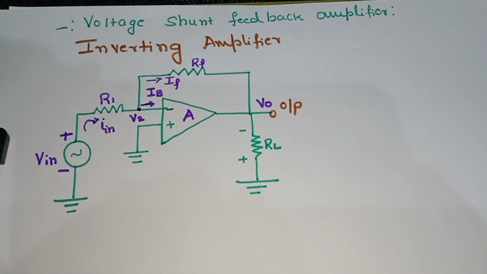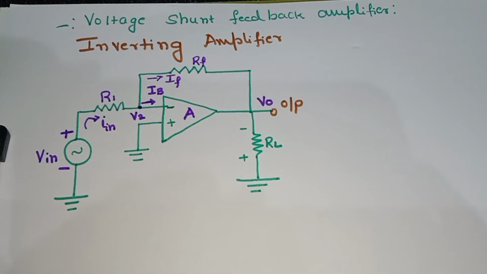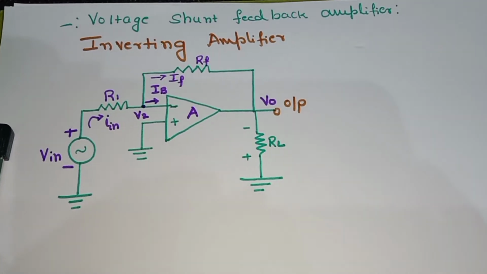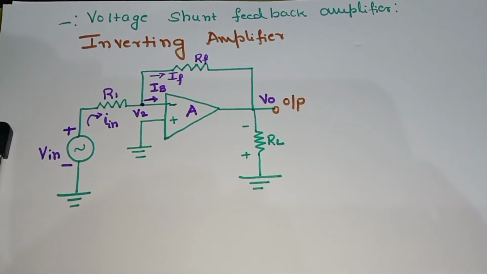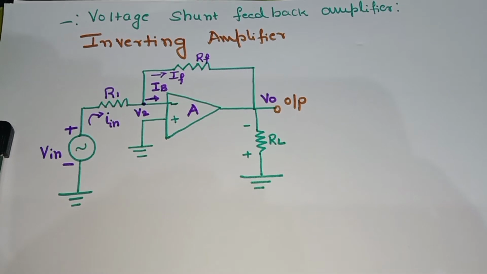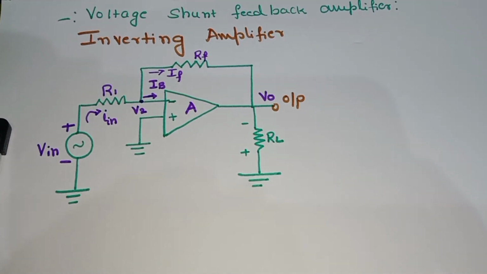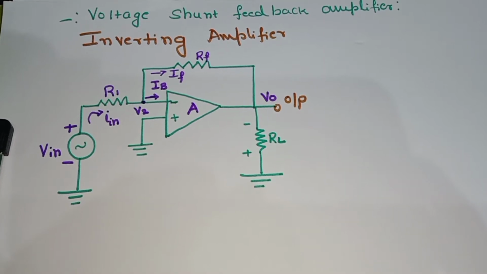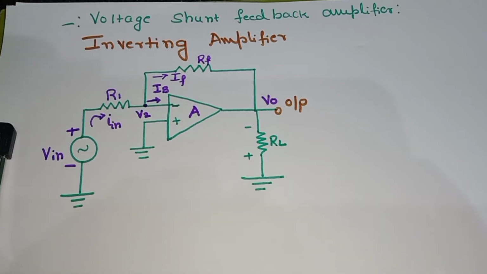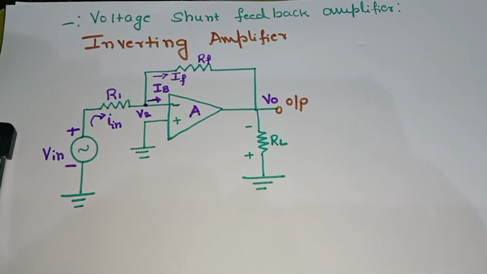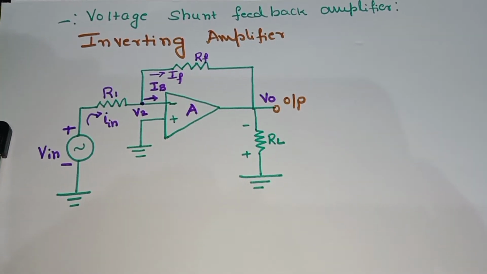In that, two important feedback amplifiers are the voltage shunt feedback amplifier and the voltage series feedback amplifier. In the last class, we studied about the voltage series feedback, or another name for the voltage series feedback is the non-inverting amplifier. In today's class, you are going to study.